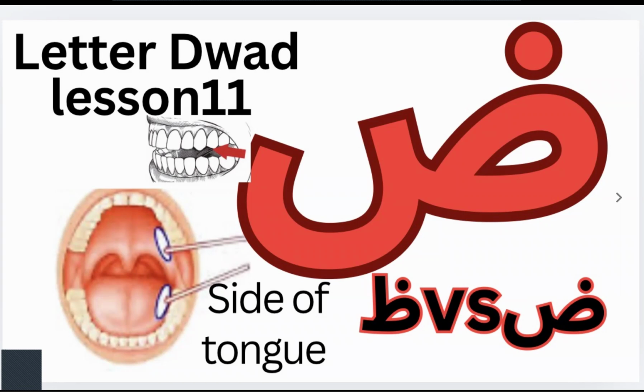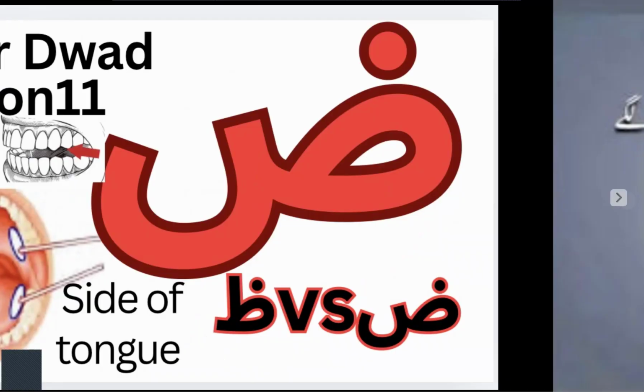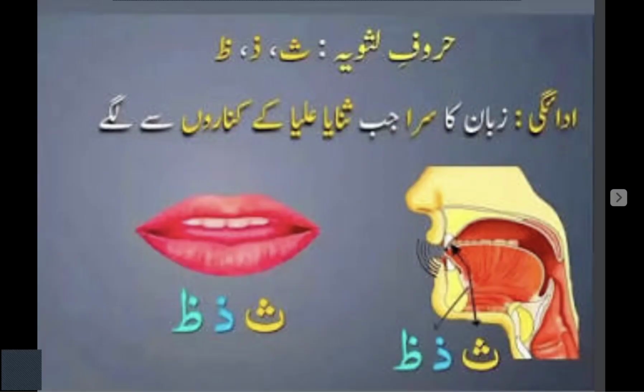And now we are doing ZAW today. Let's see where the makhrij is. This one is all three together, tha, tha, ZAW. They are all from the same place.